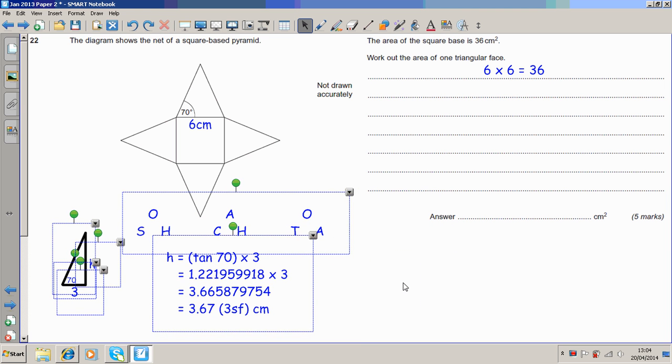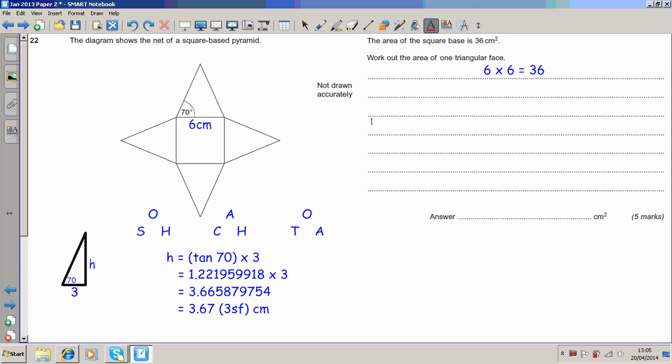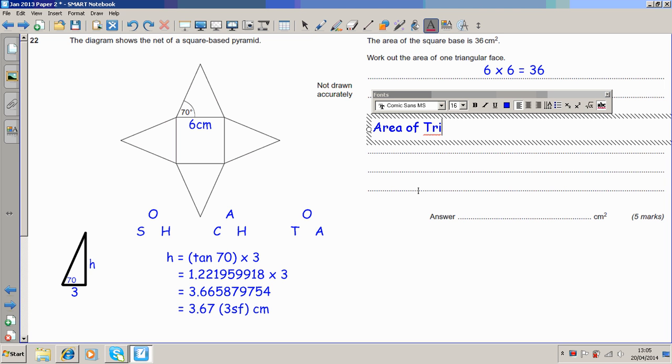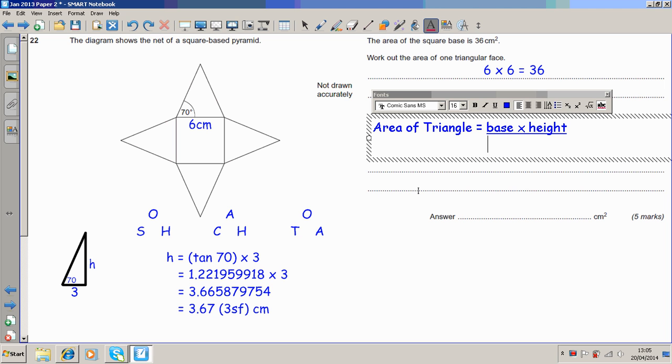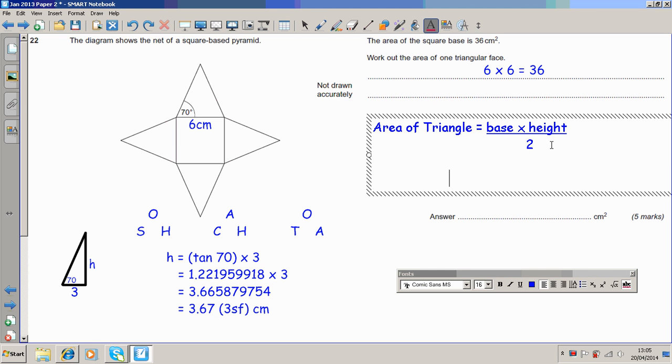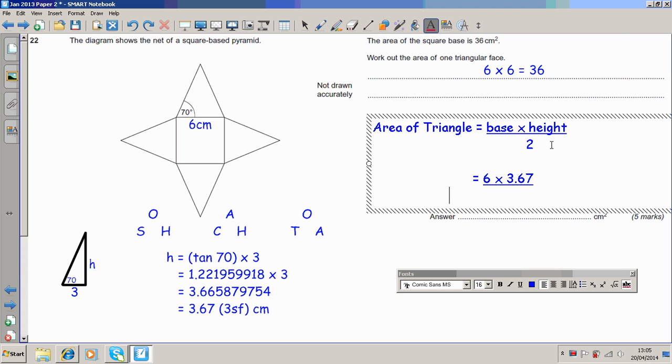So now if I go back to the triangle, area of triangle equals base times height divided by 2. Okay, so for us, our base is 6 times the height, 3.67, divided by 2.